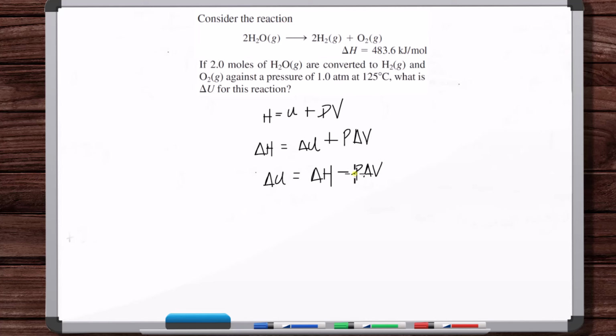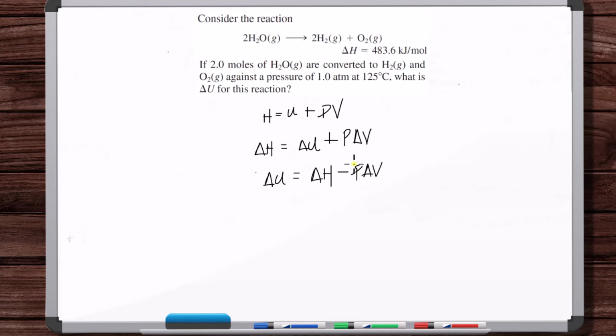Here pressure is constant, so we just have P delta V. We've got delta H, this energy supplied to the system. And if delta V is negative, we want that to add here, and so that's why this minus sign is there.